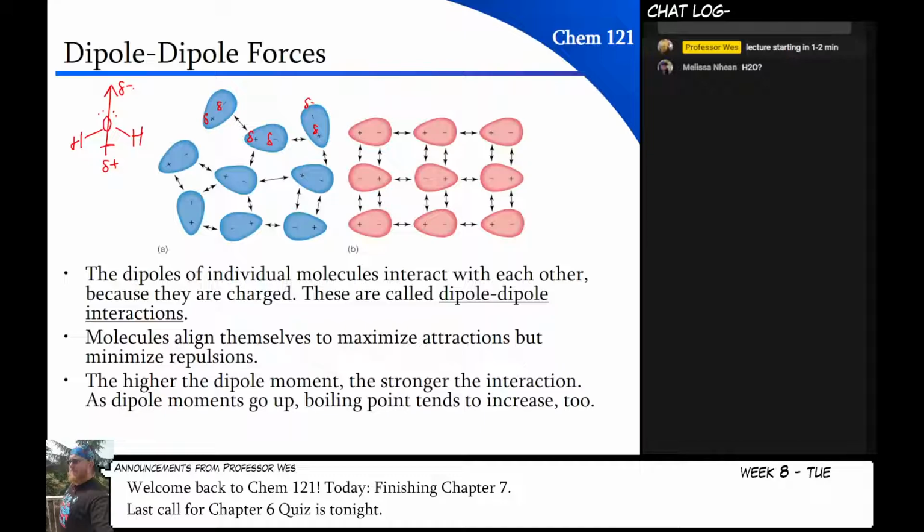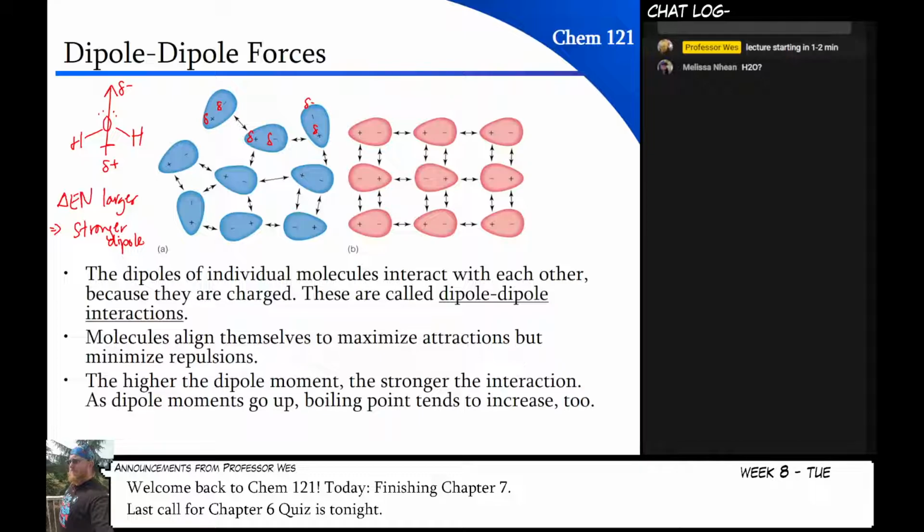Now, if you have a stronger dipole, what would a stronger dipole entail? That would mean that the delta electronegativity is higher. So if I had two atoms that had very different electronegativities, but still made a covalent bond, they would have a very high dipole, very strong dipole.